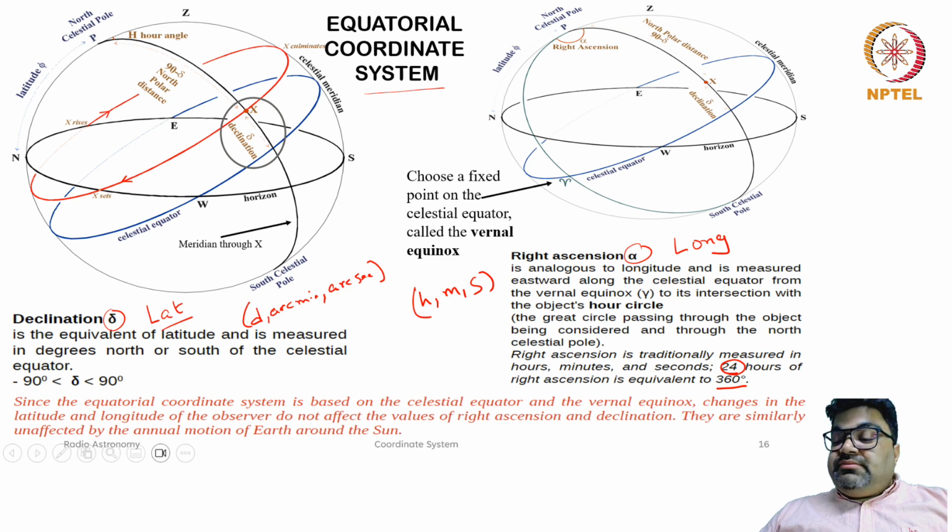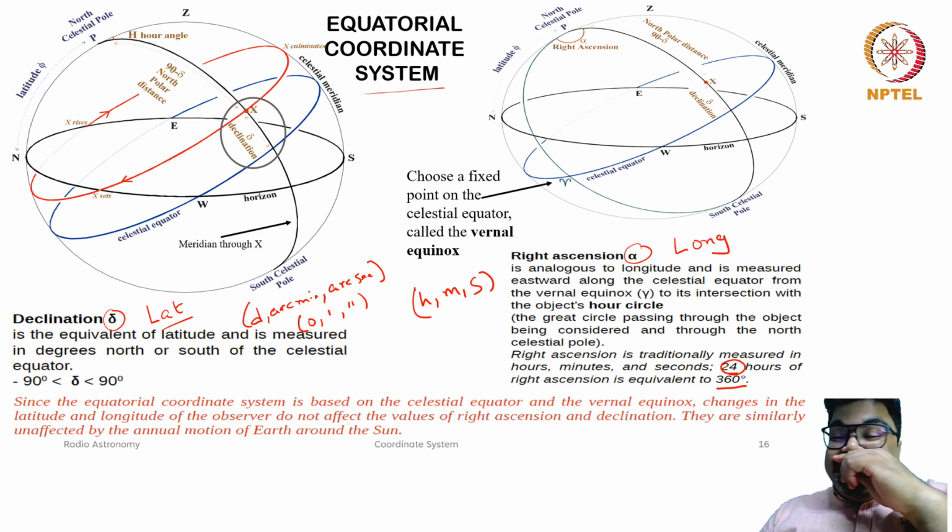Okay, so that's the difference between the two. Typically you see this referred to as degrees, minutes and arc seconds, and of course plus or minus depending on which side of the equator that particular source is located.